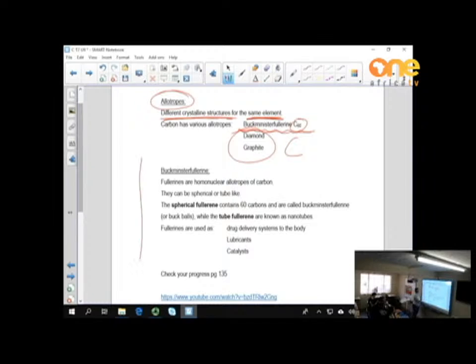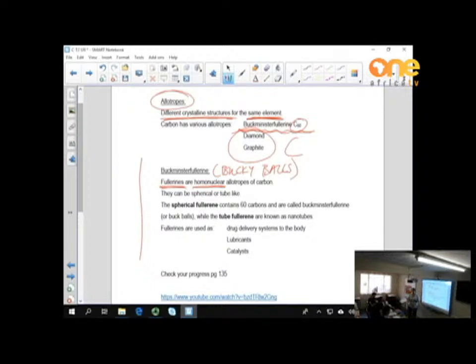Just a little bit more about Buckminster Fullerene, or just Bucky. They will accept both. It shouldn't be a problem. They sometimes refer to them as fullerenes as well. They are homonuclear. What does that mean? Homonuclear, the same nucleus. What is heteronuclear?